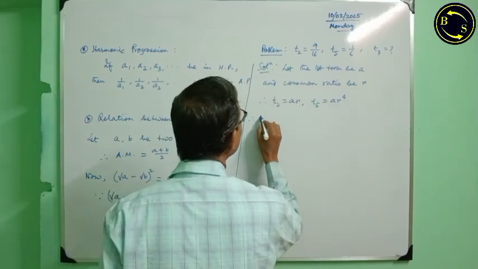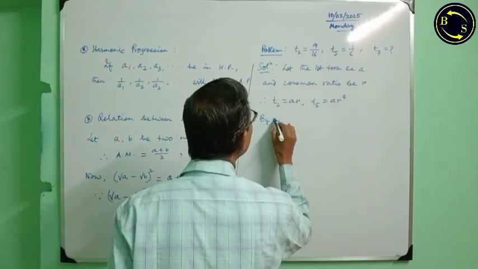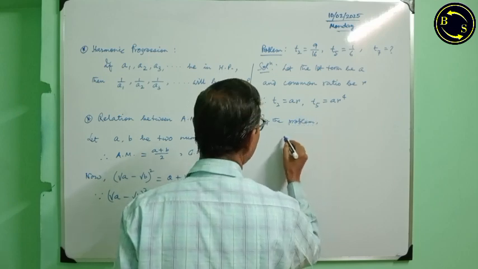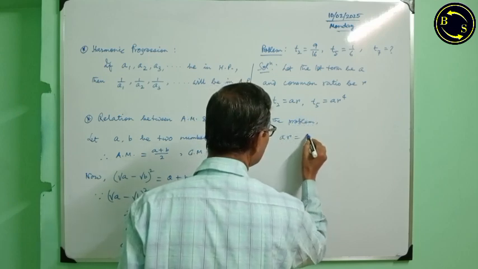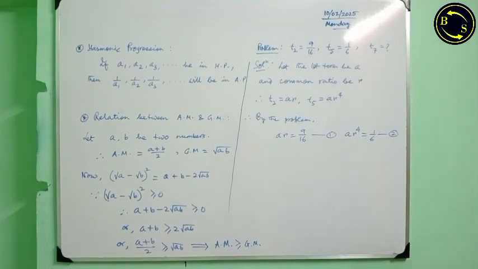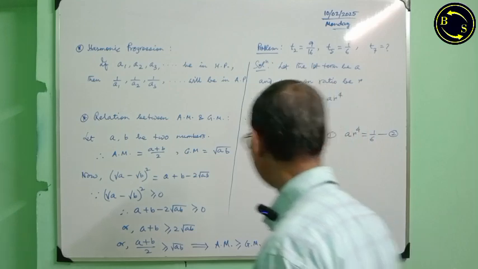Therefore, by the problem, AR is equal to 9 by 16 and AR to the power 4 is equal to 1 by 6. We have got these two equations. Now we have to solve for A and R.